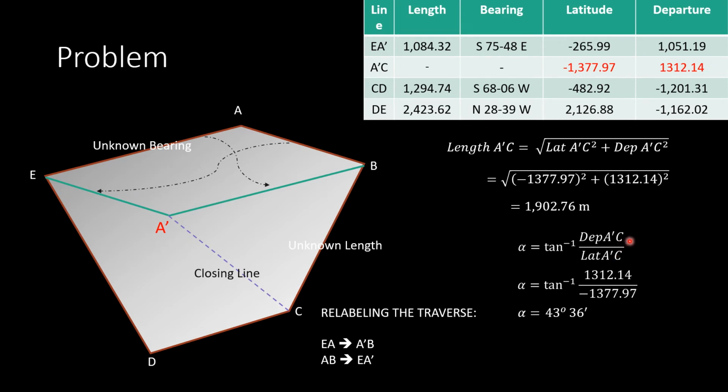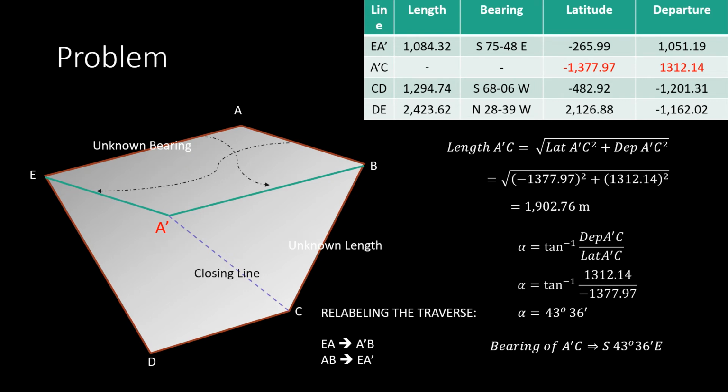Then, to find the bearing of A prime C, we determine angle alpha, which is arctangent of the departure of A prime C over the latitude of A prime C, which is equal to 43 degrees and 36 minutes. Since the latitude is negative and the departure is positive, the direction of the bearing is southeasterly.